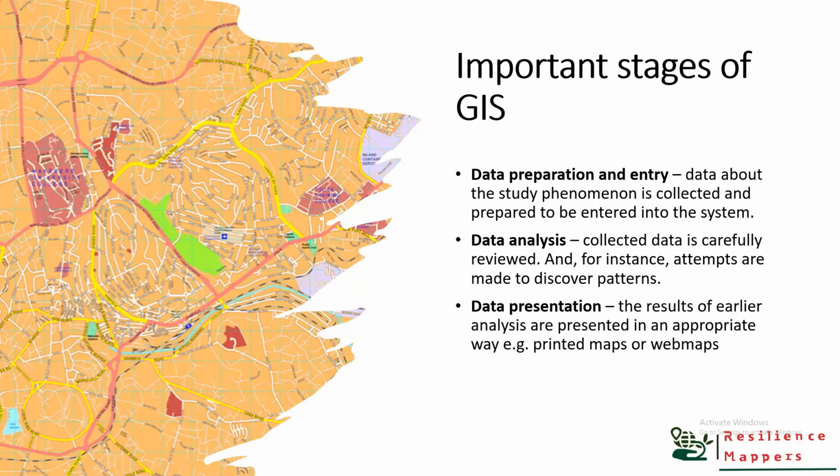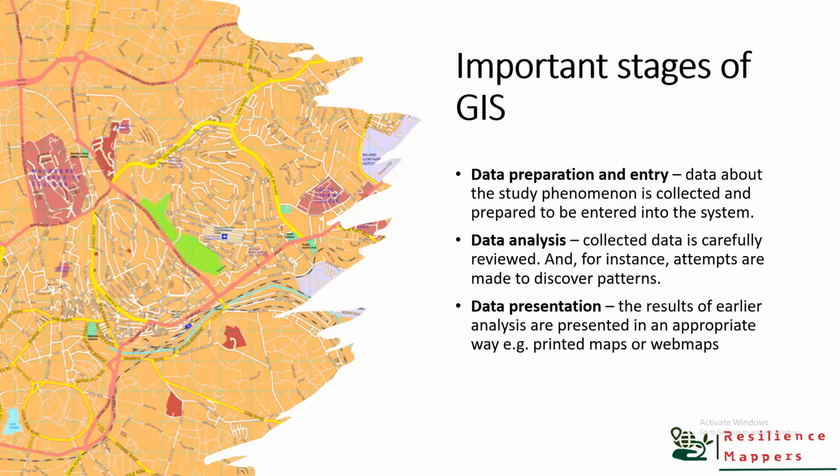Then after preparing it and entering it into your GIS system, you can now carry out an analysis on that data. The stage of data analysis is where the data is actually reviewed, and attempts are made to discover patterns within this data. In this stage, different tools in the software or in GIS are used to carry out some analysis.